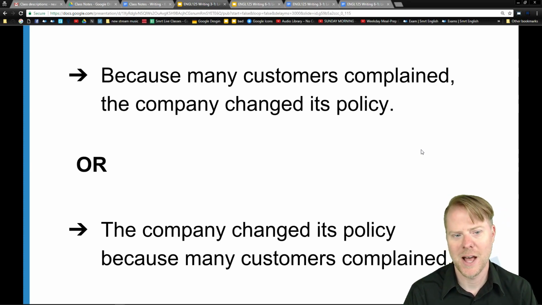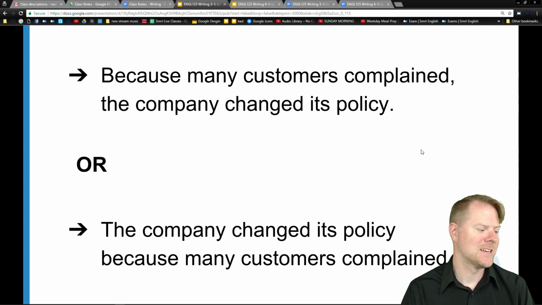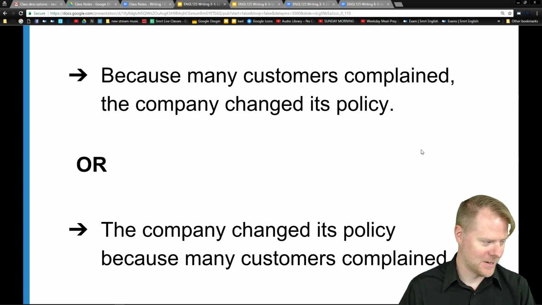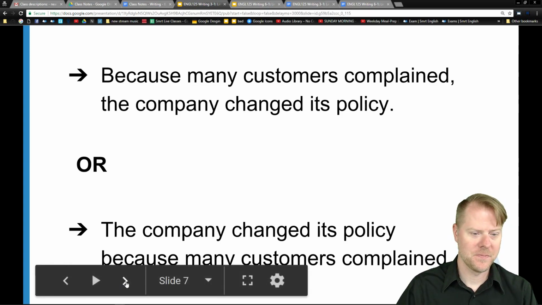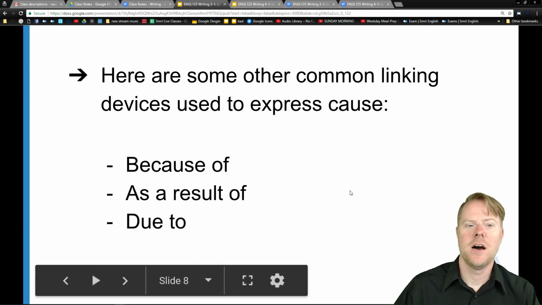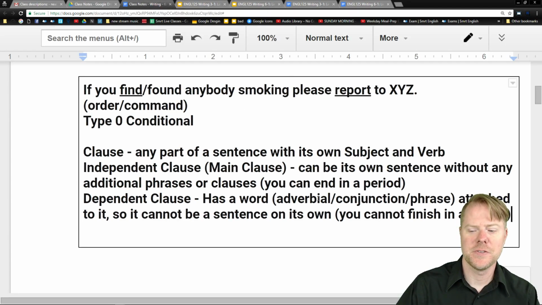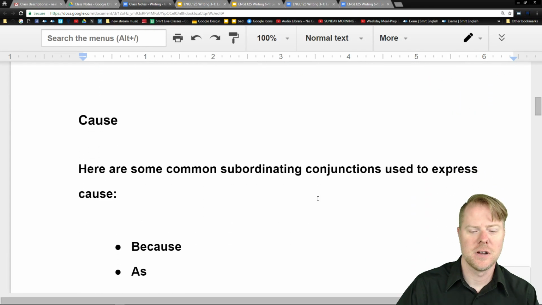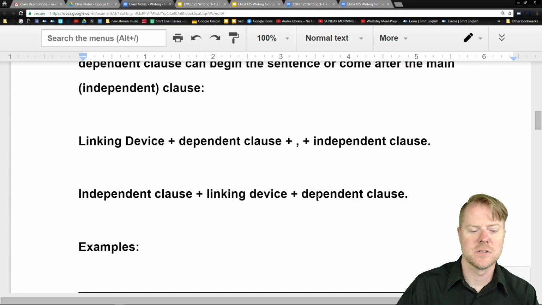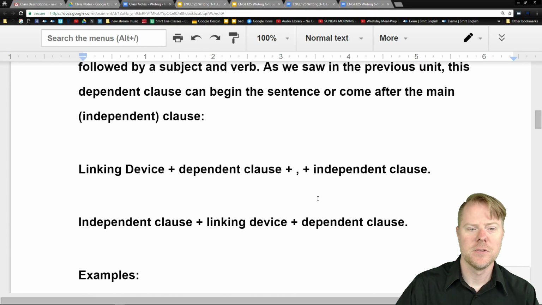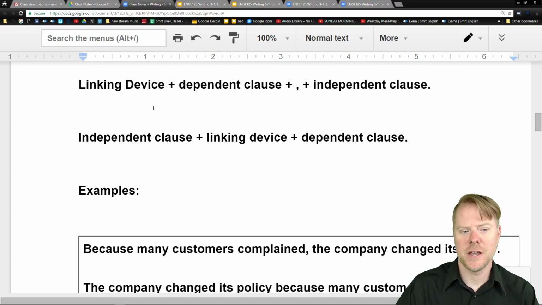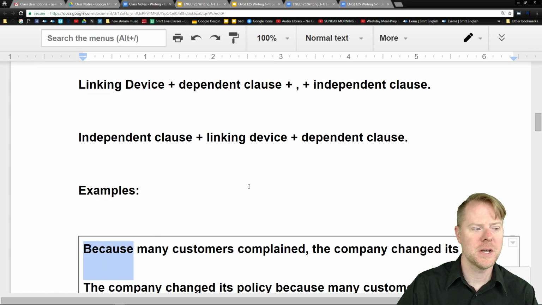Both those sentences will have the exact same meaning. Before we continue, let's look at the construction of those. In those first two examples, our linking device is because.